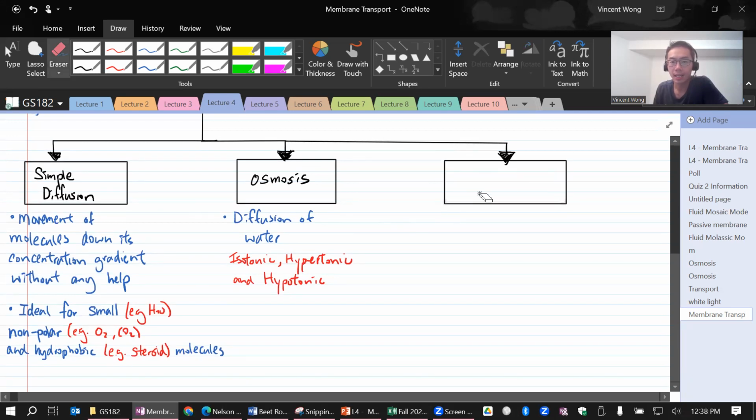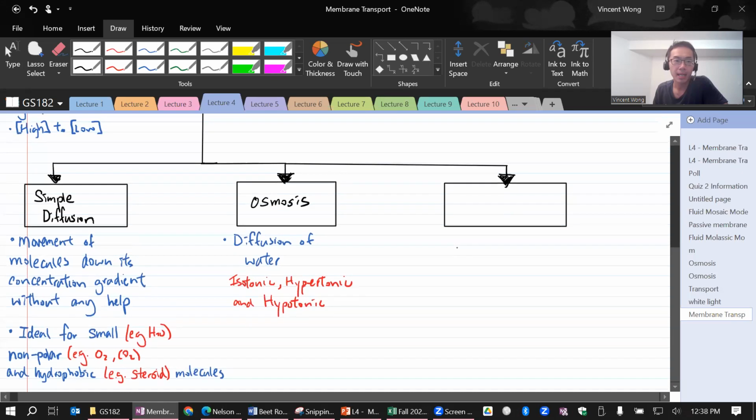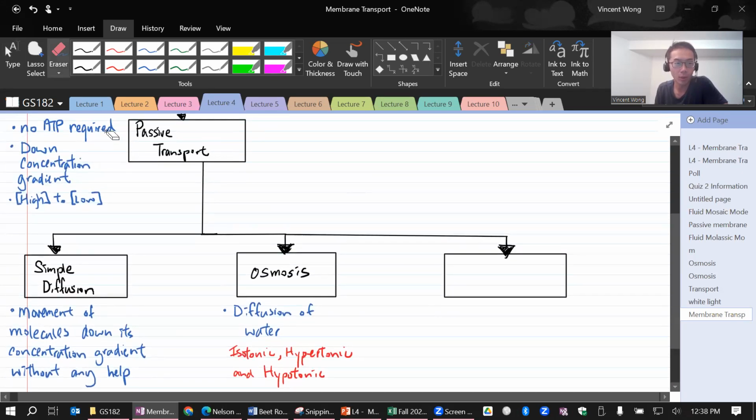Okay, the last type of passive transport, again, no energy is required, is facilitated diffusion. Okay.